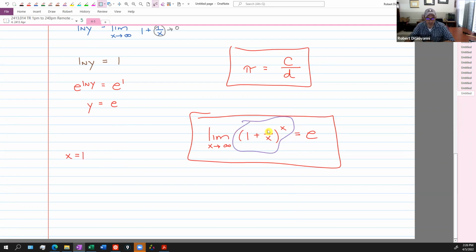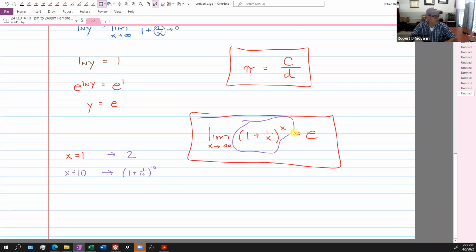We can do this in our heads. 1 over 1 is 1, right? 1 plus 1 is 2. And 2 to the first power is 2. So if we plug it in, we'll get 2. Yes? Let's take a bigger number. x equals, let's go 10. And plug it in here. I get 1 plus 1 over 10, raised to the 10th.